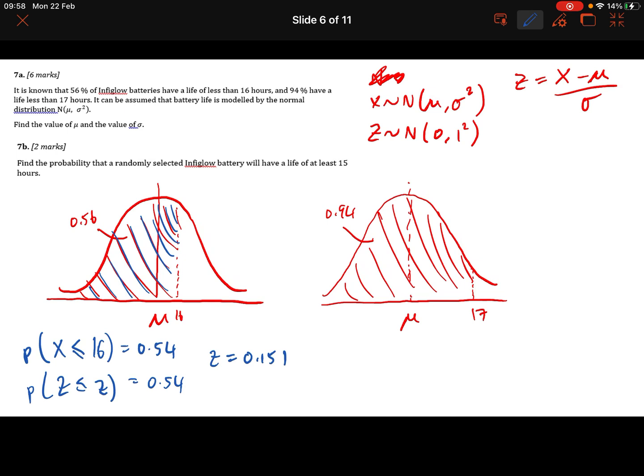We can do exactly the same thing with the other information. This time, tail is still left, and the area is 0.94. The same mean and standard deviation gives me a z value of 1.55.